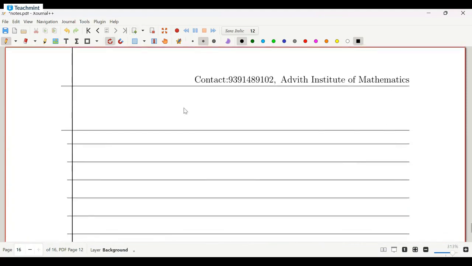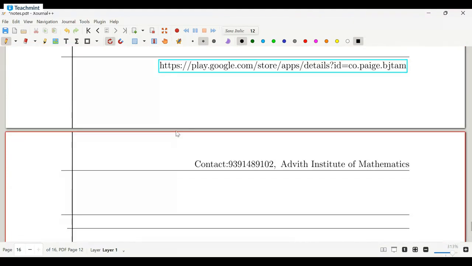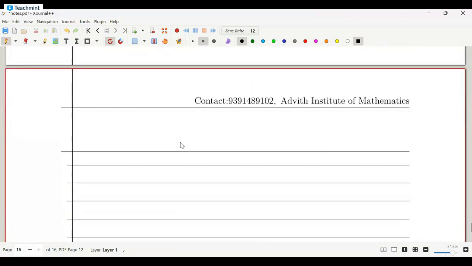Next one, AB transpose. And this is fine. Number 4. AB whole transpose equal to B transpose into A transpose. So B transpose is nothing but minus B, and A transpose equal to minus A. So minus into minus cancels, then you will get BA.